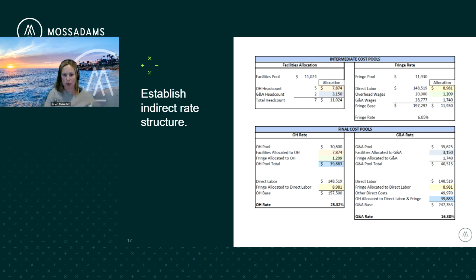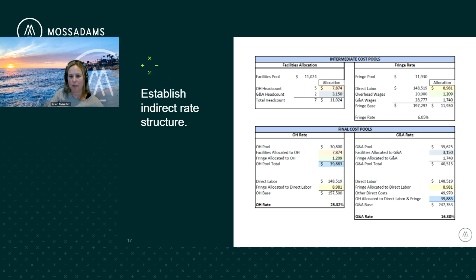So in an example such as facilities, in this example, this contractor has decided that headcount of their various personnel is how they're going to allocate the facilities pool. That's one we typically will see. And you can see based on the color coding, the overhead facilities allocation gets allocated down to the overhead pool, and the G&A facilities allocation gets allocated down to the G&A pool.